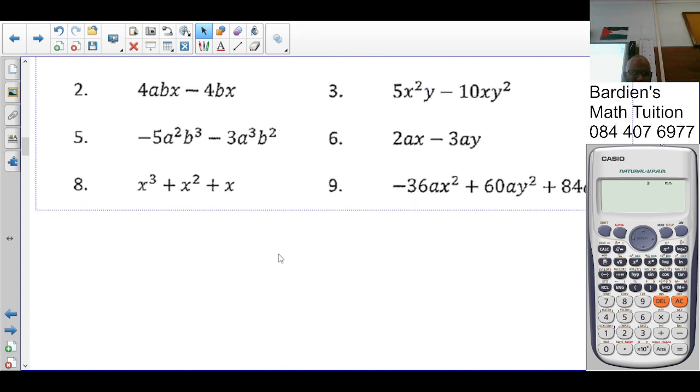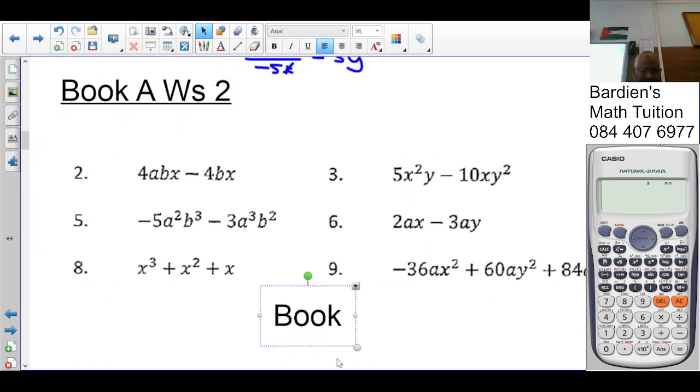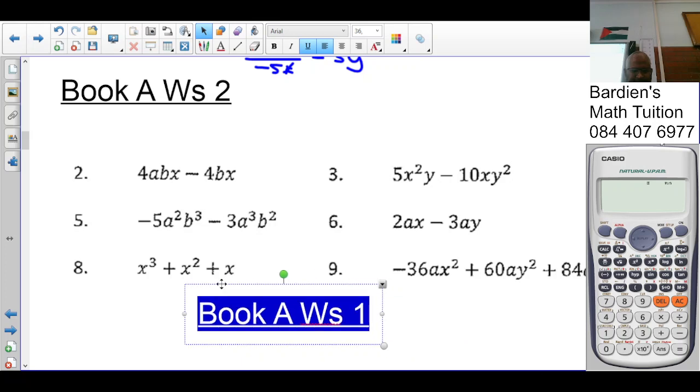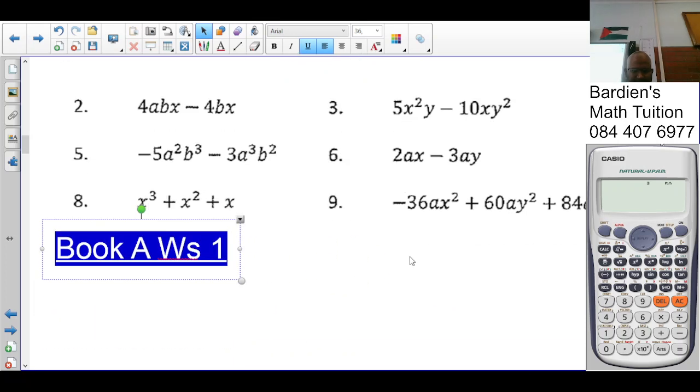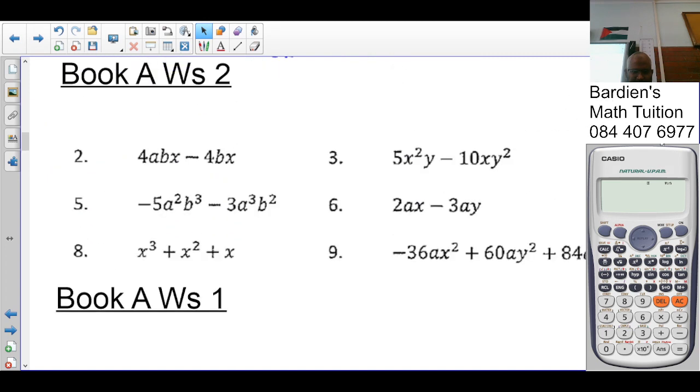Those are the sums of worksheet 2, book A. And these are the remaining sums of worksheet 1.